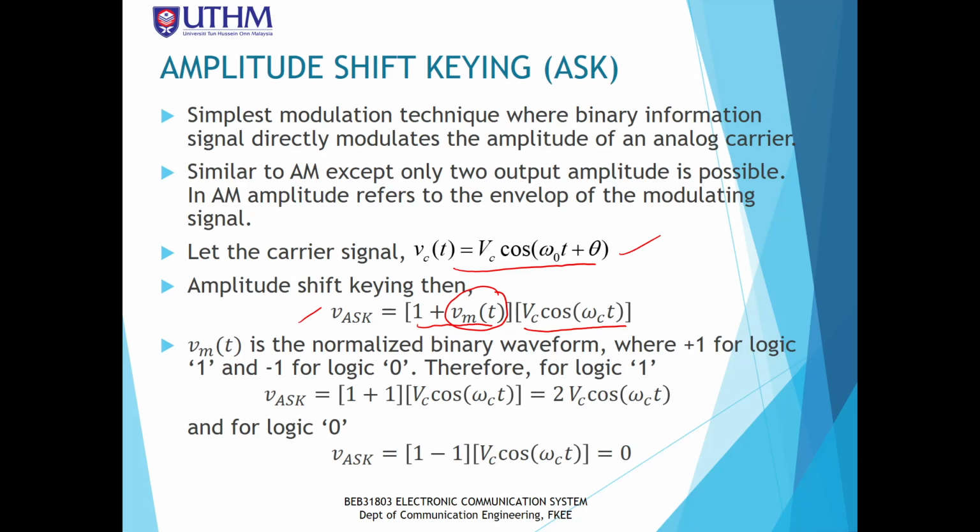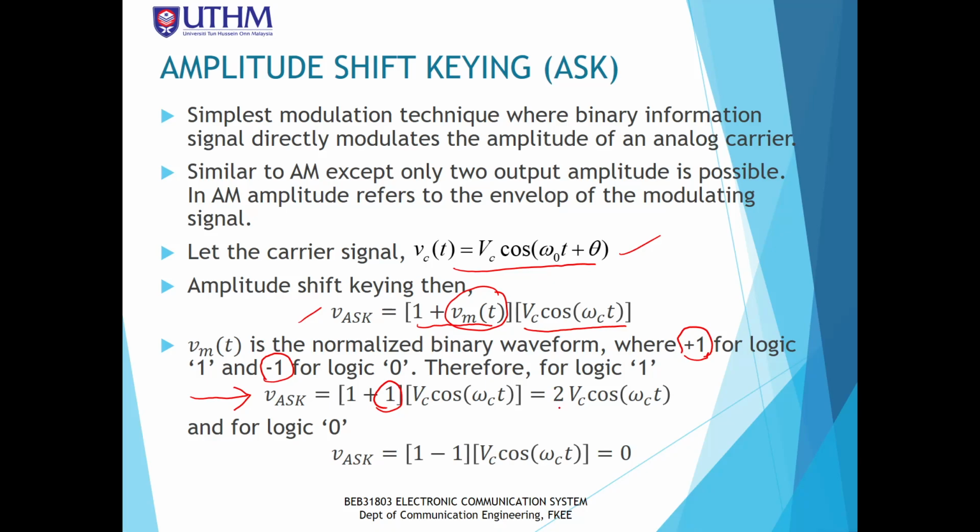If the input is logic 1, VM(t) will become plus 1. If the input is logic 0, VM(t) will become negative 1. So we just need to change the general equation to become like this.